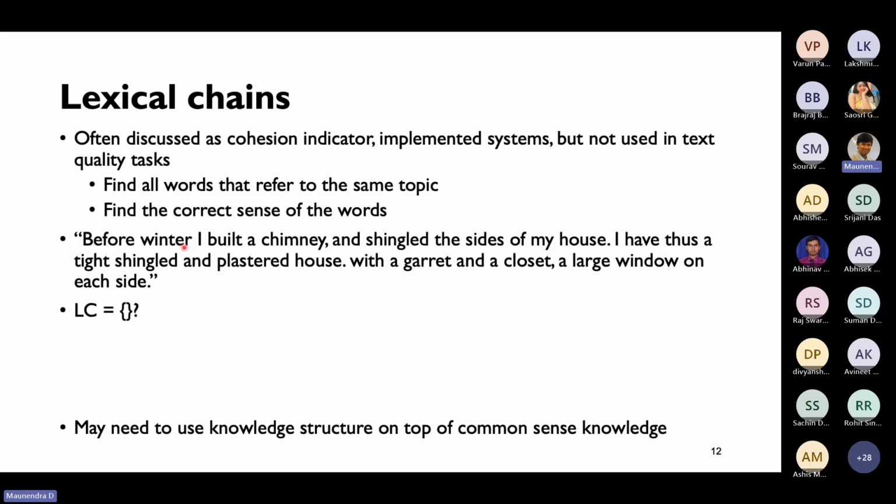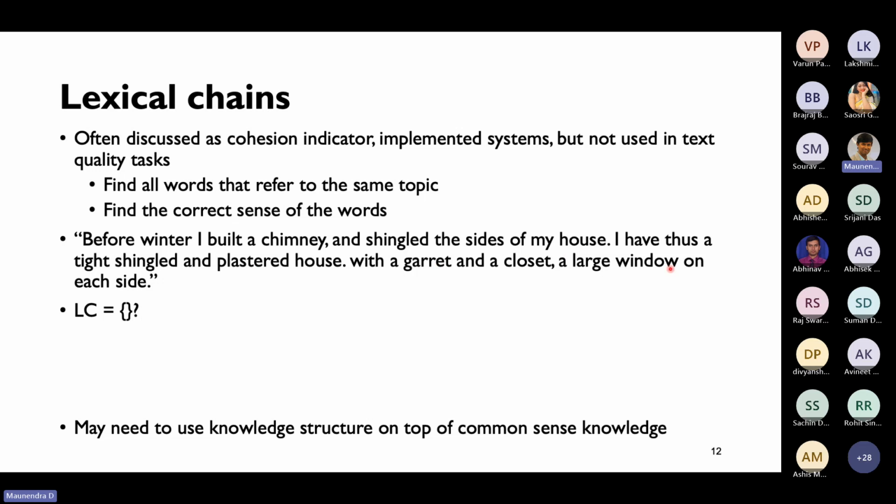So if you look at: before winter, I built a chimney and I shingled the sides of my house. I had thus a tight shingled and plastered house with a garret and closet, a large window on each side. When we read these sentences, we get a feeling that he's talking about a house. How does this recognition come? We see chimney, shingled, sides, my house, plastered house, garret, closet, large window.